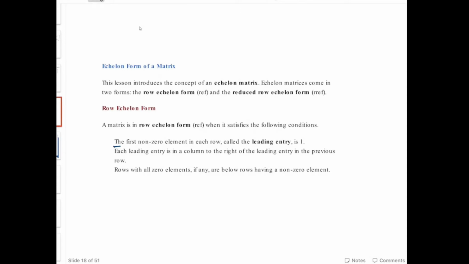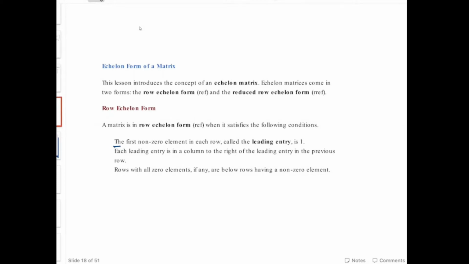The first non-zero element in each row, I have also uploaded a PDF file on Kit with a step-by-step guide on how to do basic elementary operations and how to do echelon form. But here I will take an example.